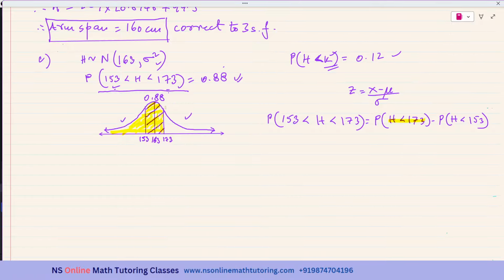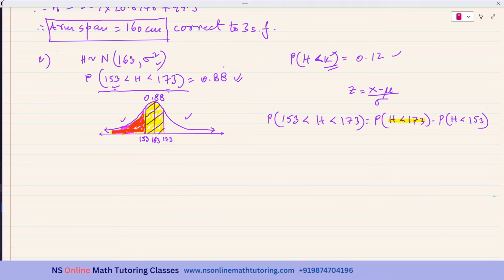The area of this portion will be giving you P of h less than 173. And which portion will be giving you P of H less than 153? P of H less than 153 is this part. Okay.